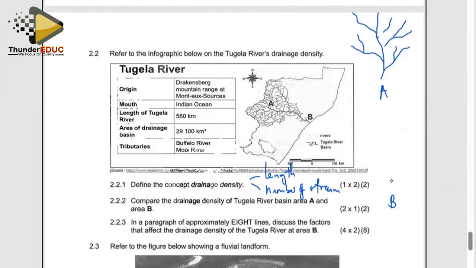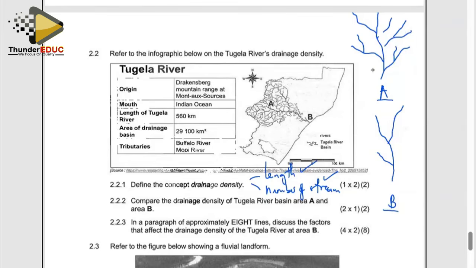And drainage basin B, the main river is there. And it's like this. If you're comparing these two in terms of density, we are asking which one between the two has many streams. If you look at numbers, we look at the cumulative numbers of streams.